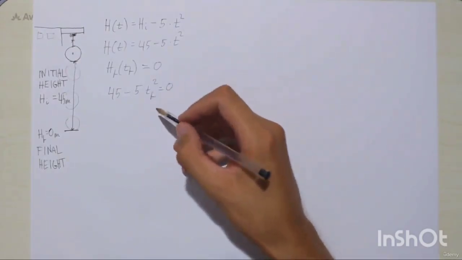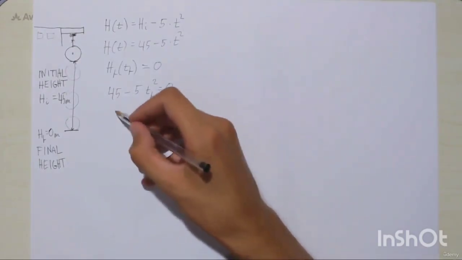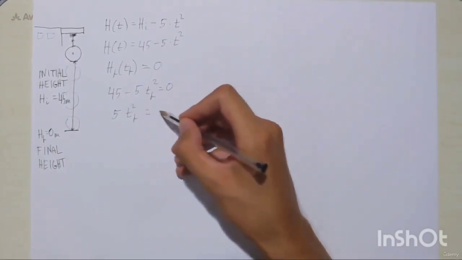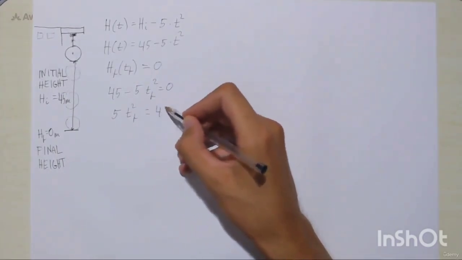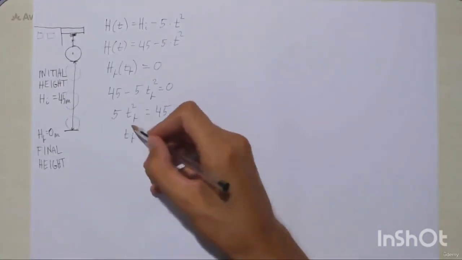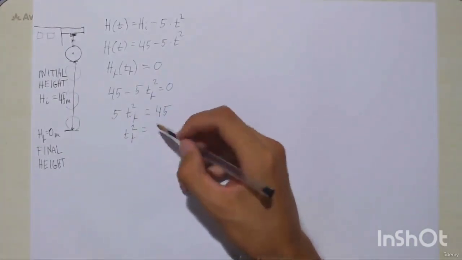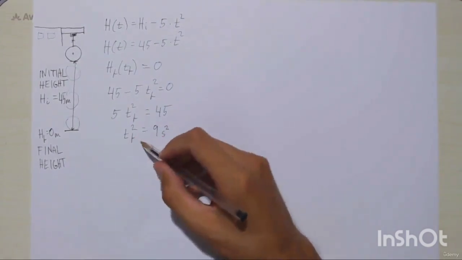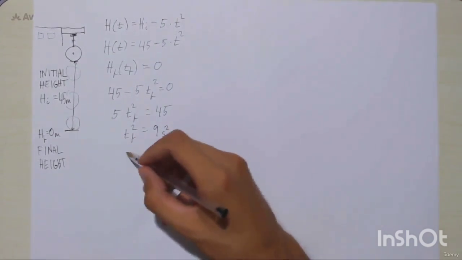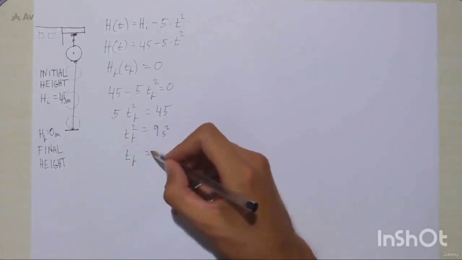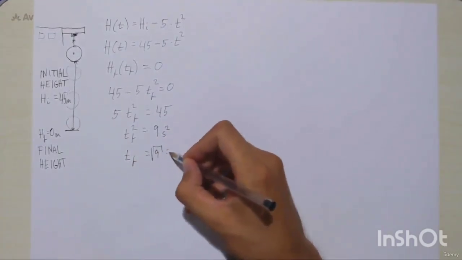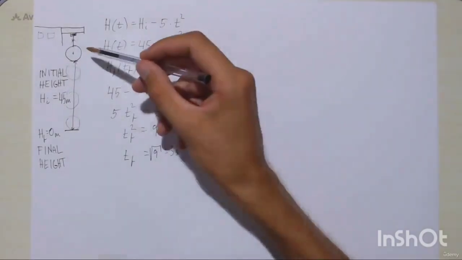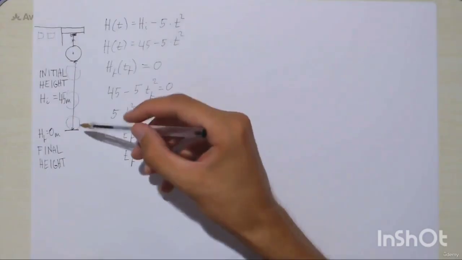And this would be t final. And then we would have 5 t final squared equals 45. t final squared equals 45 divided by 5, which is 9 seconds squared, because it's time squared, right? The units would be seconds squared. And then t final would be the square root of 9, which is 3 seconds. So in 3 seconds, the sphere would reach the ground.